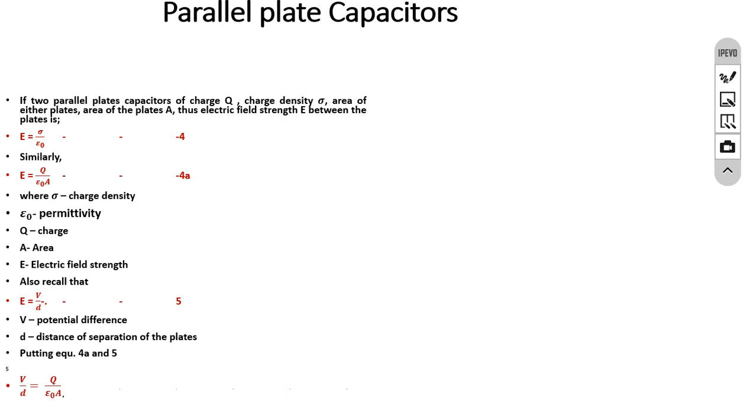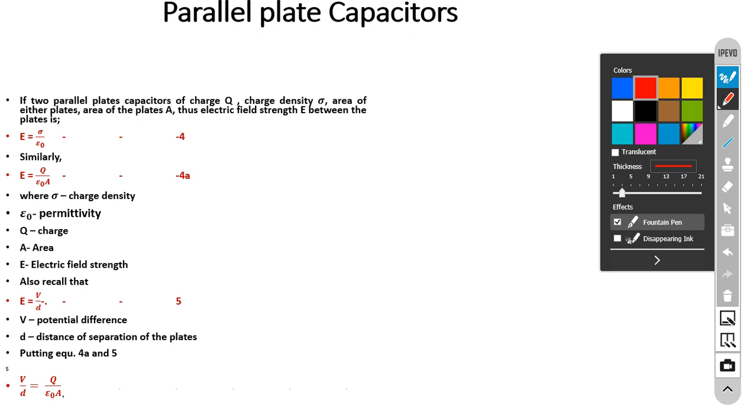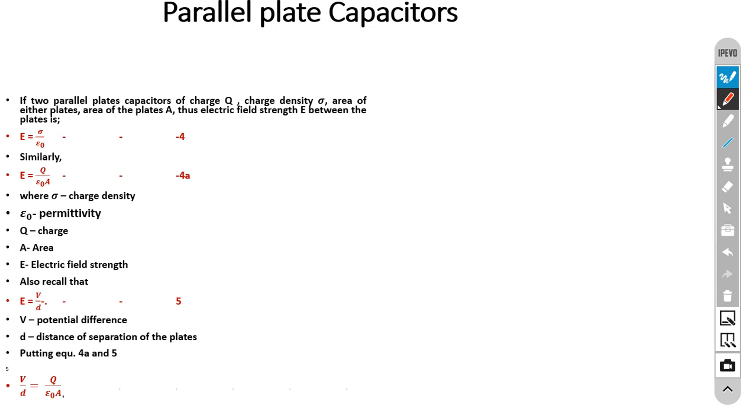Hope you are with me. Okay. Now look at this equation. Here we have V. At this point we have Q. I'm going to cross multiply and bring Q down. When I bring Q down, I now take D to this other side.